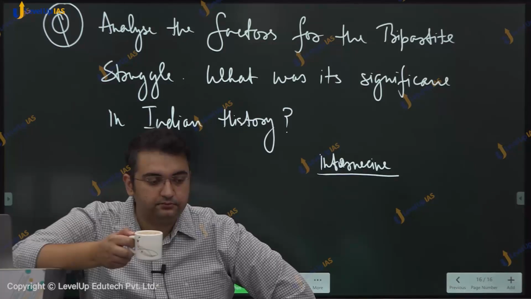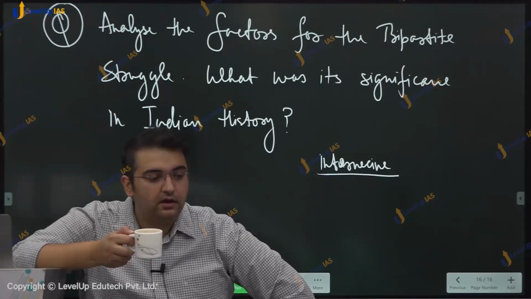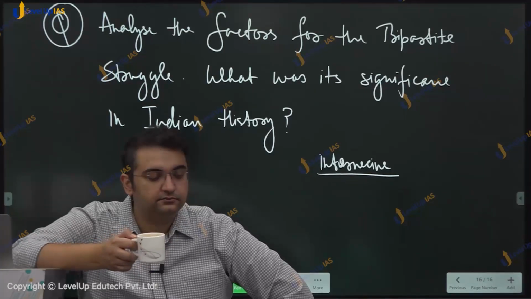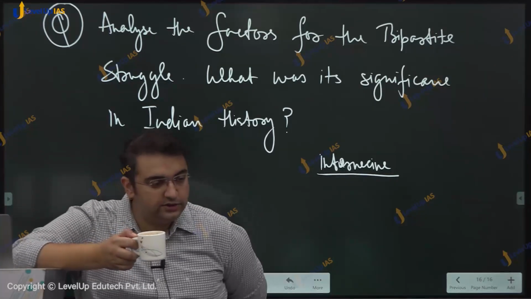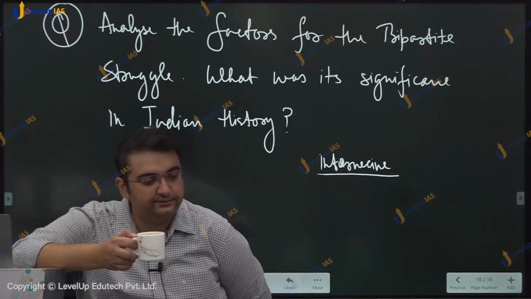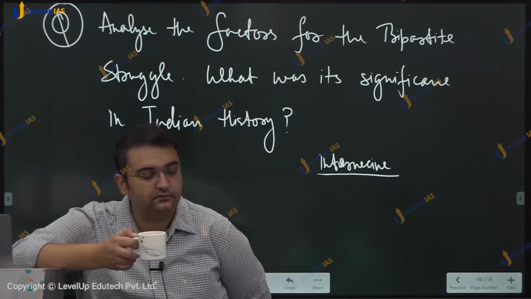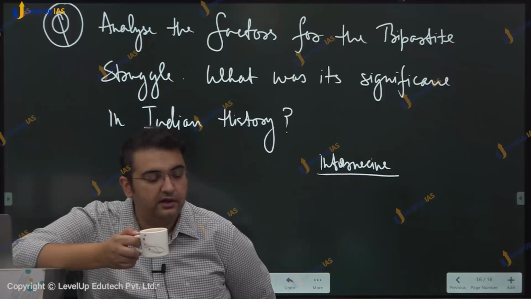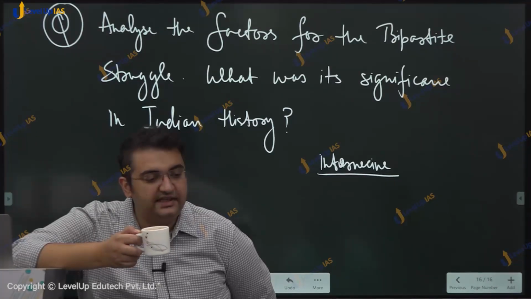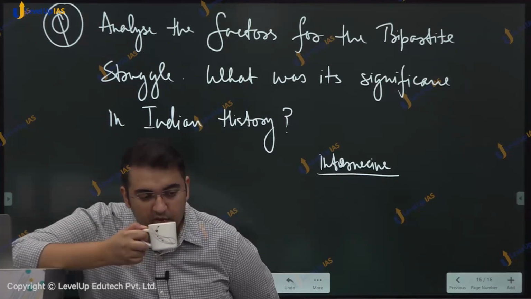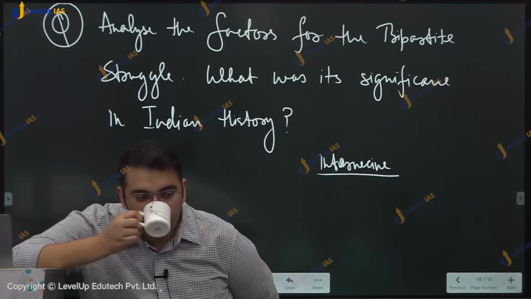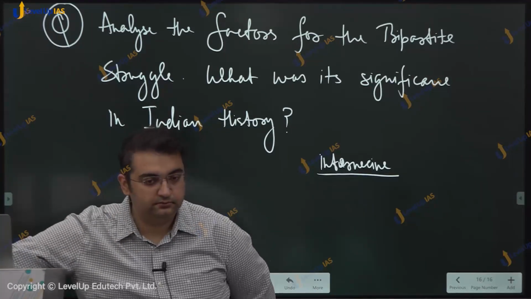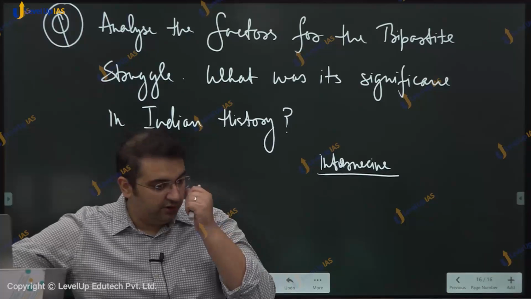Therefore, Kannauj more than any other city had emerged as the symbol of imperial prestige. Full stop.